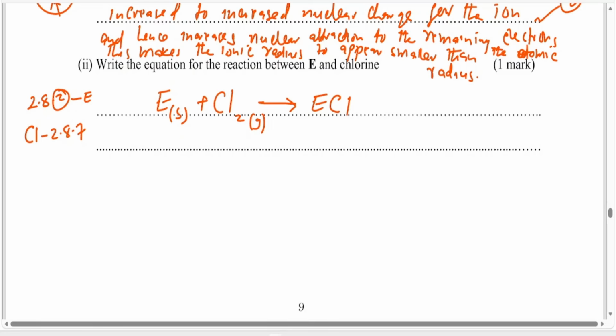So the valence of E is 2, the valence of chlorine is 1. So in the interchange, E picks the 1, chlorine picks the 2, and this becomes ECl2, and that is the formula. Then after writing the equation, I should ensure it is balanced. E1, E1, Cl2, Cl2, and the equation is balanced. No more balancing, and this gives me 1 mark.